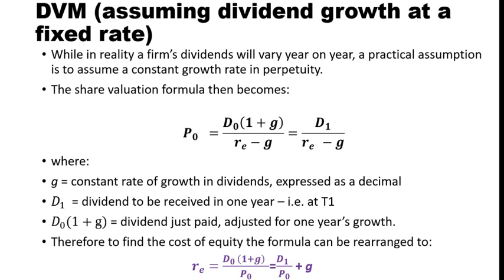But you just have to master it by heart, for speed considerations. Where g is the constant growth rate in dividends expressed as a decimal, and D1 is the dividend to be received in 1 year. So if you are given D0, the dividend that has just been paid, you then have to multiply it by 1 plus g to become D1, and the rest is as it is.